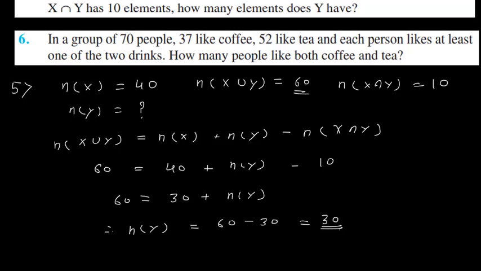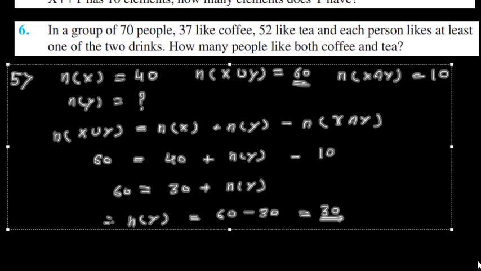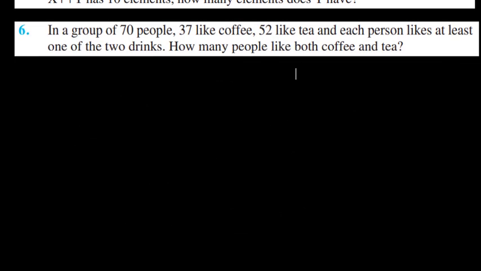Okay. Sixth problem. Let us see this sixth question. In a group of 70 people, 37 like coffee, 52 like tea, and each person likes at least one of the two drinks. How many people like both tea and coffee? So, if I define n of C as the number of people taking coffee, it is 37.